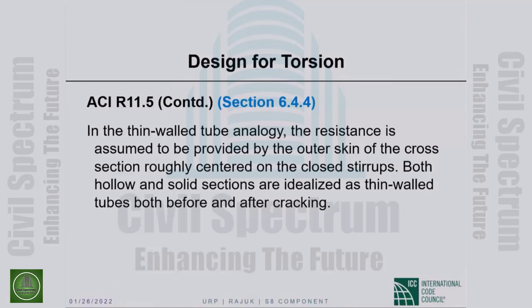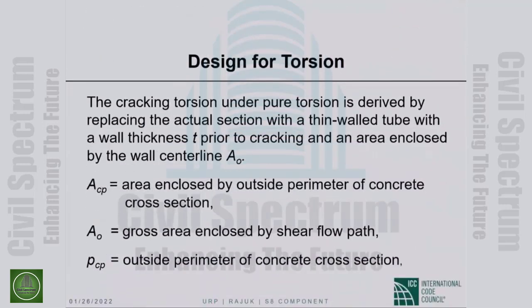Both hollow and solid sections are idealized as thin-walled tubes, both before and after cracking. So a solid section will also be treated as a thin-wall tube for the purpose of torsion design.